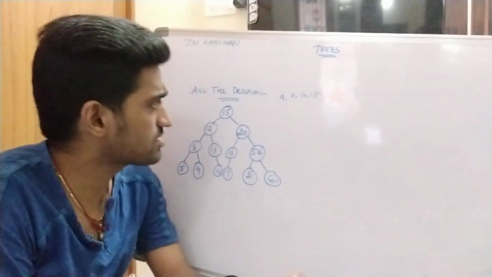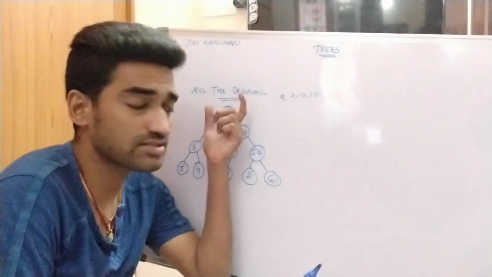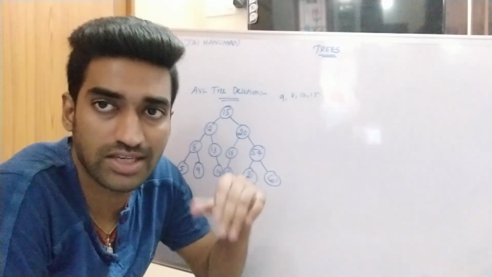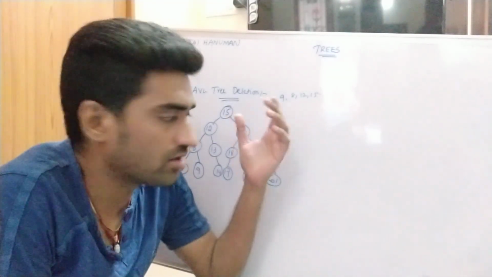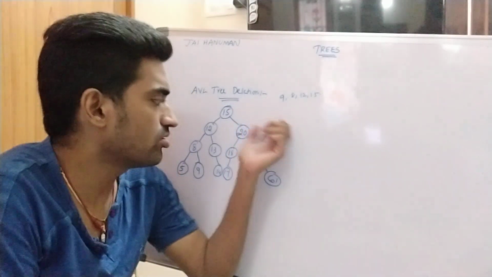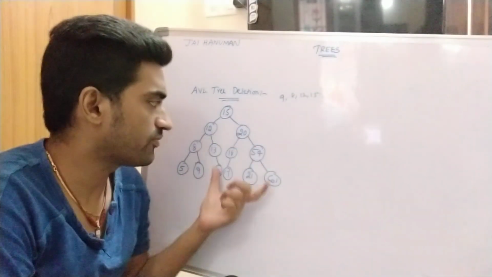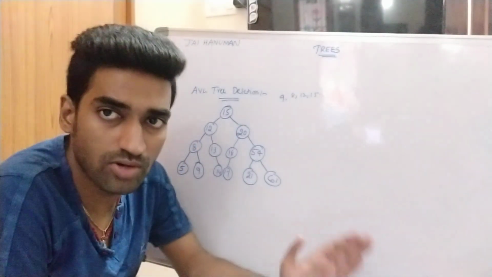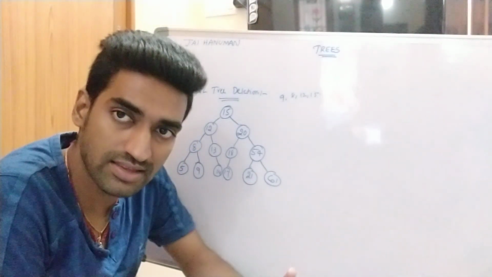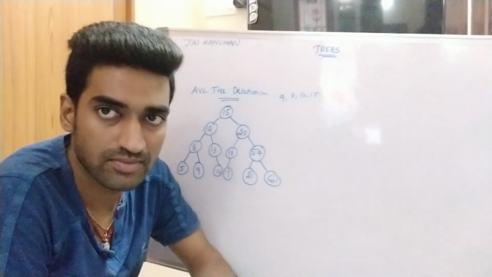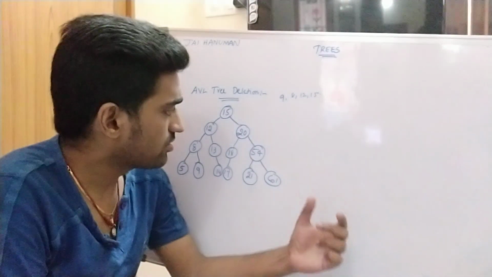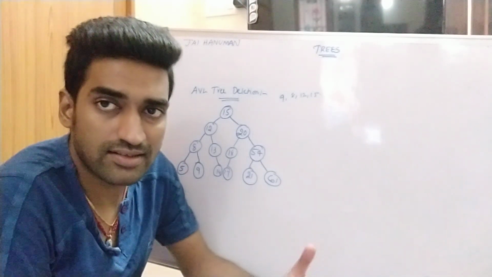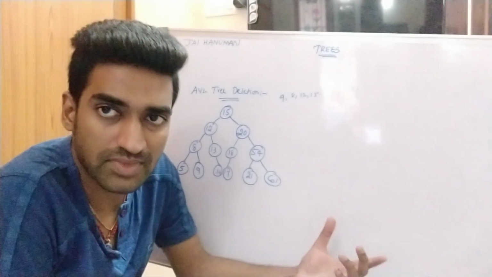So in this session, we are mainly concentrating on the AVL tree deletion operation. What is the main purpose of the deletion operation? By using the deletion operation, we can remove a node or an element from the tree, right? After deletion of a node from the tree, again we check the properties of the AVL tree. Once the tree satisfies the properties of an AVL tree, then the tree is said to be an AVL tree.